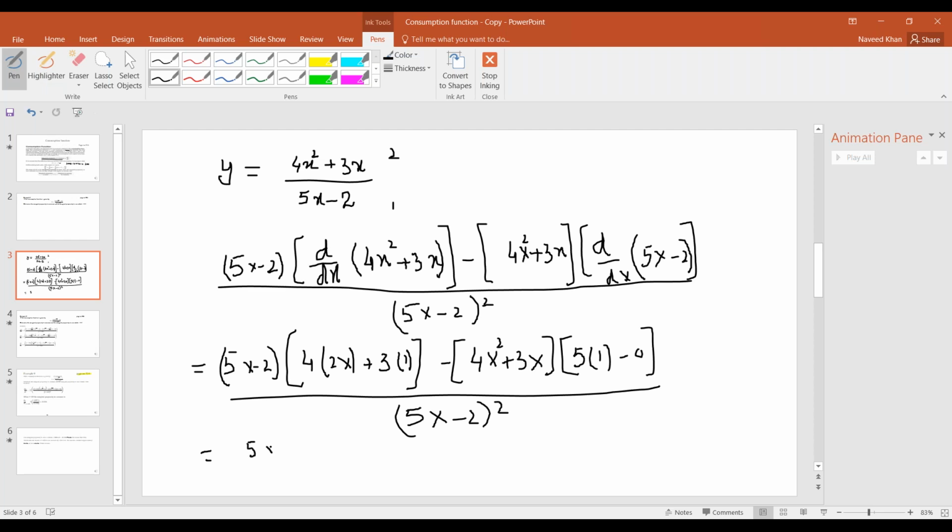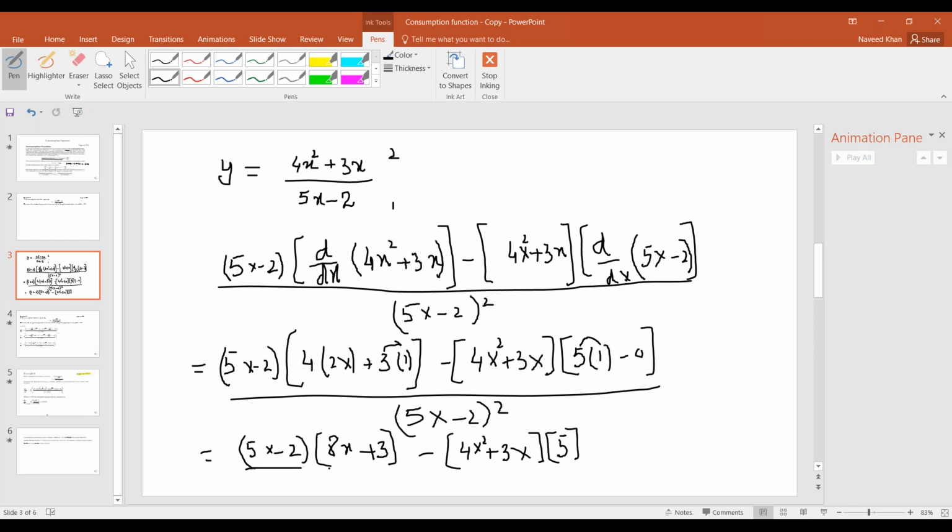Okay, 5x minus 2, and then it will become 4 multiplied by 2, 8x, plus this is 3 multiplied by 1, 3 multiplied by 1, it will become 3, minus, and now it will become 4x square plus 3x, and here now will become 5 multiplied by 1, 5, and here minus 0, so only we will have only 5.